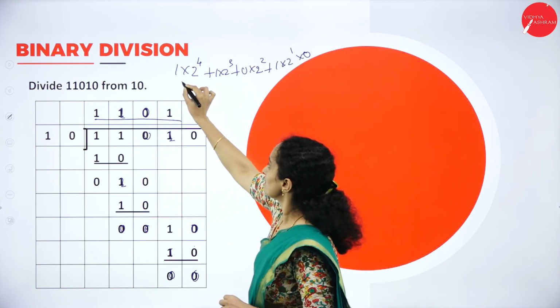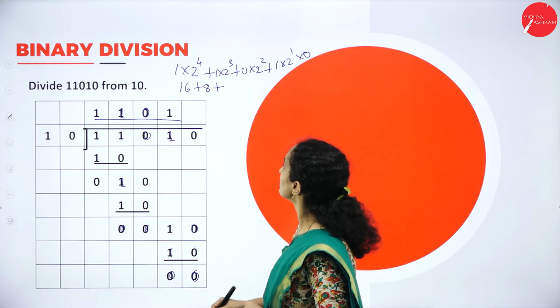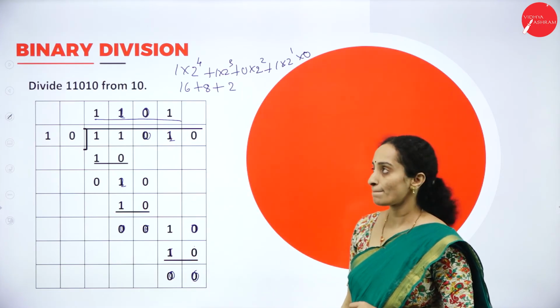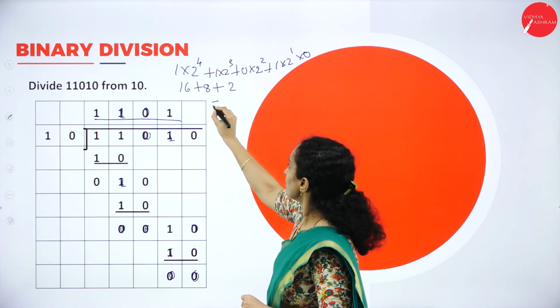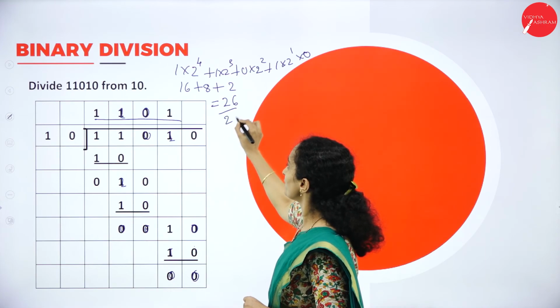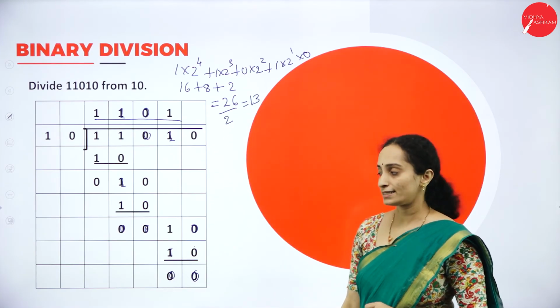So this becomes 16 plus 8 plus 2. This will be 26, and 26 divided by 2 will be equal to 13.